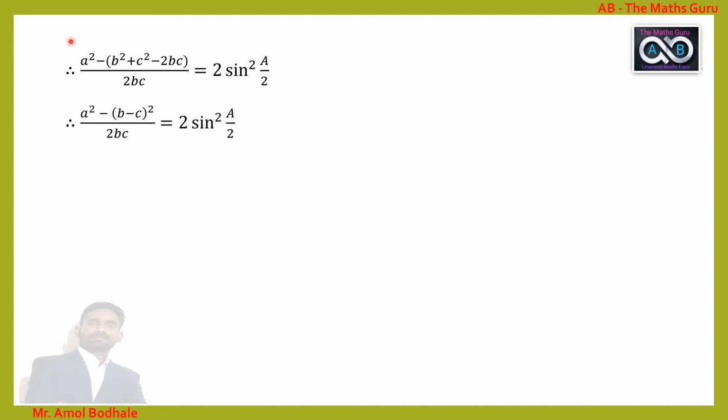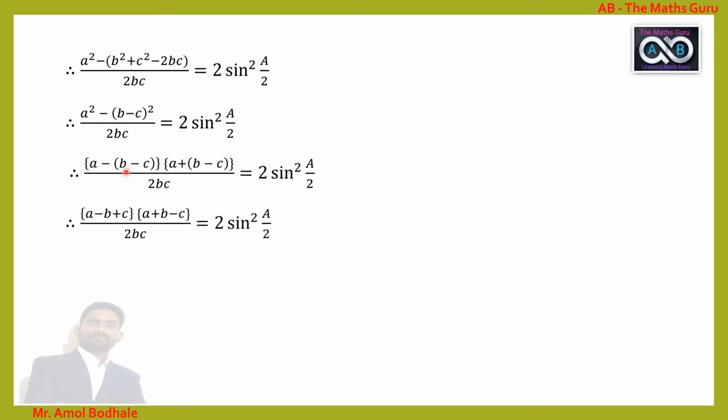Therefore this b square plus c square minus 2bc is exactly the expansion of (b minus c) square, and this is in the form of x square minus y square. So we can write this as sum of both and difference of both, that is a minus b minus c and a plus b minus c upon 2bc as it is.